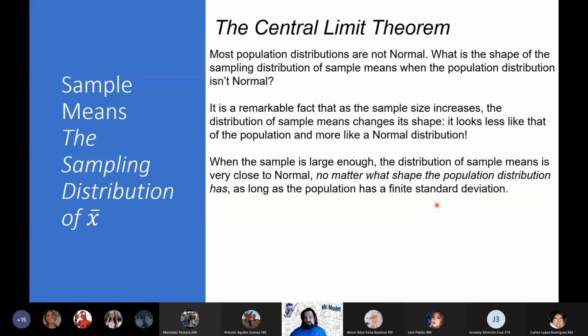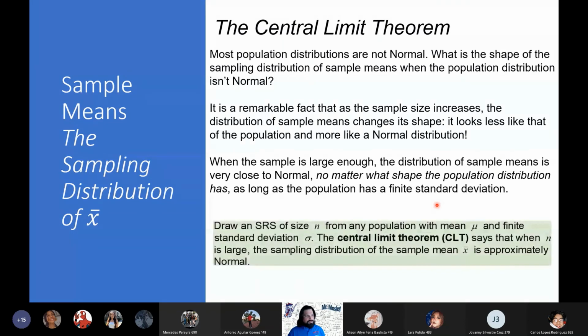So you need to have a standard deviation for your population for this to work. Right? So if we draw an SRS of size n from any population with mean mu and finite standard deviation sigma, the central limit theorem, CLT, says that when n is large, the sampling distribution of the sample mean x bar is approximately normal. Right?